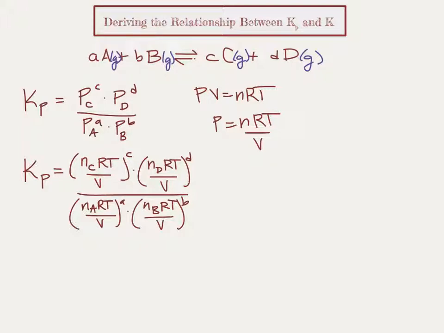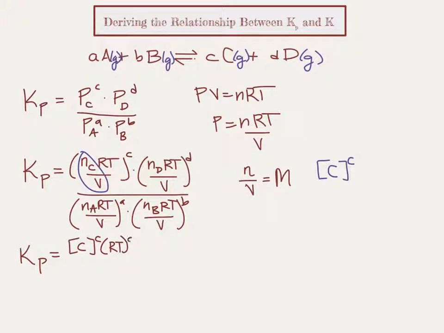First thing that I see is that moles of anything divided by volume is equal to the molarity. So I'm going to take each of these moles divided by liters and change it to its bracket format so that it's easier to look at. Okay, so we'll get that this Kp is still equal to this monstrosity, [C] to the c, and still RT to the little c, times [D] to the little d, times RT.